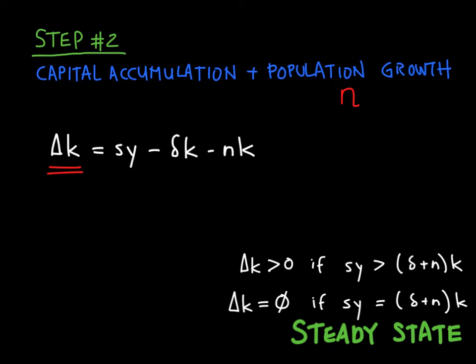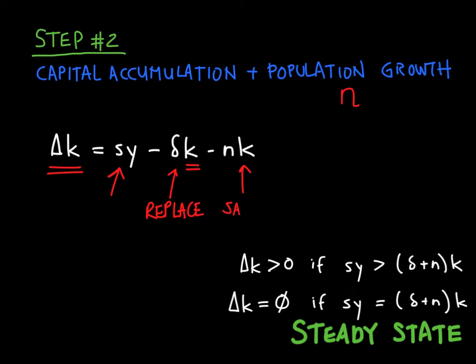So again, we start out here, so this is how much we're saving per worker, and out of that saving we first have to replace the capital that depreciated over the time period. And then we have to give all these new workers the same amount of capital as all the old workers had.